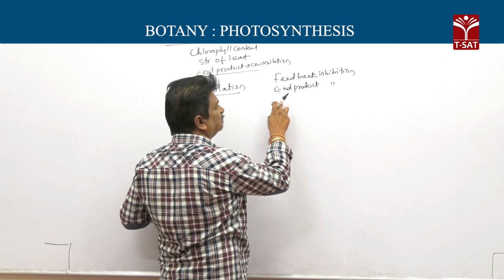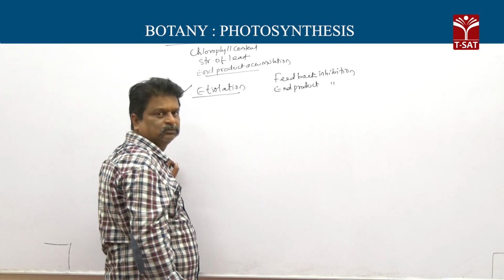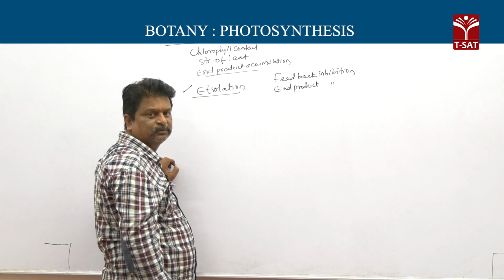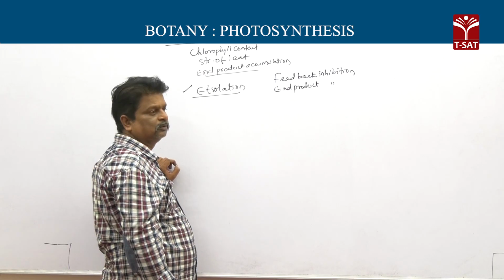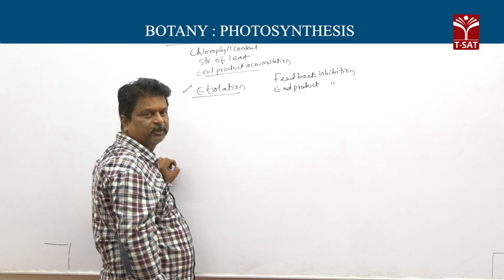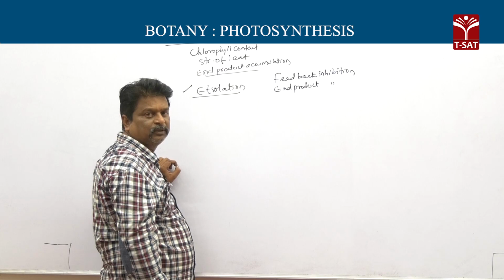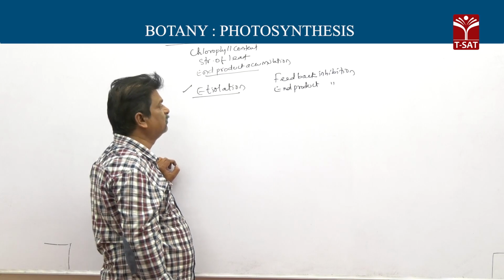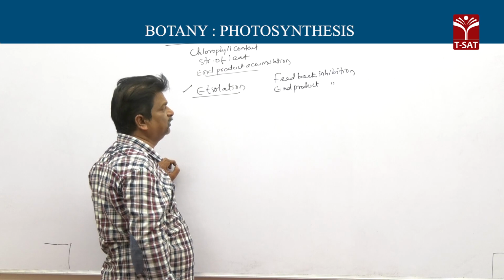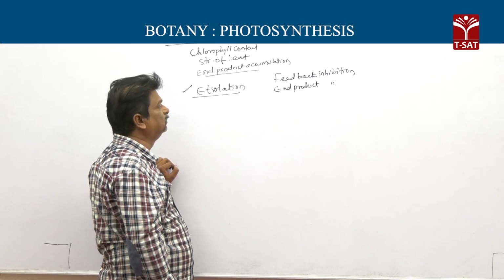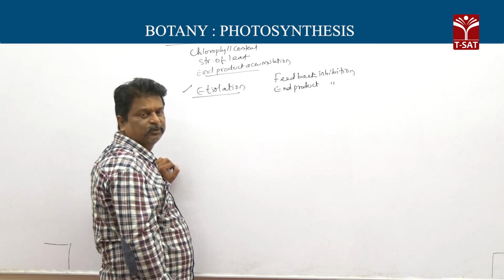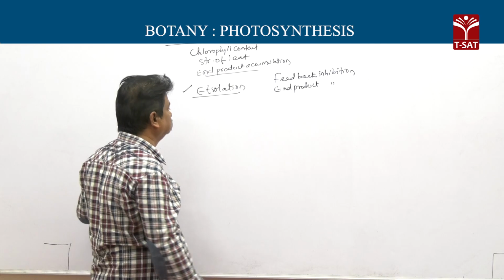This feedback or end product inhibition is seen only in C3 plants, but not in C4 plants, because in C4 plants bundle sheath cells help in immediate translocation of food. That is why we cannot see this process in C4, only in C3 plants this feedback inhibition can be seen.